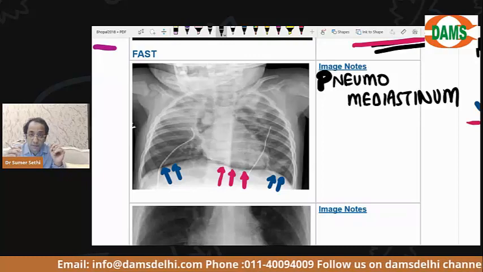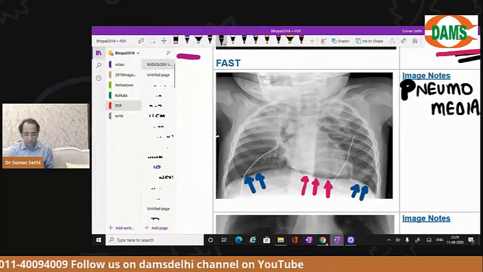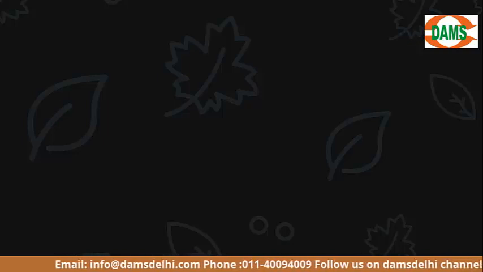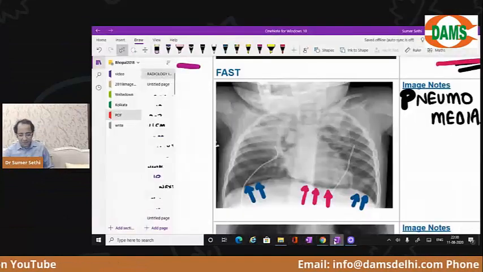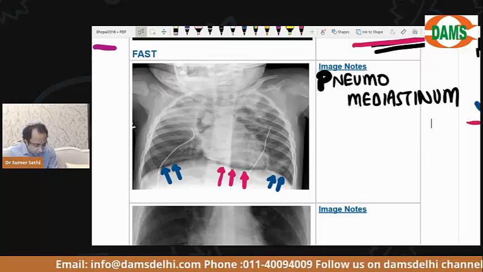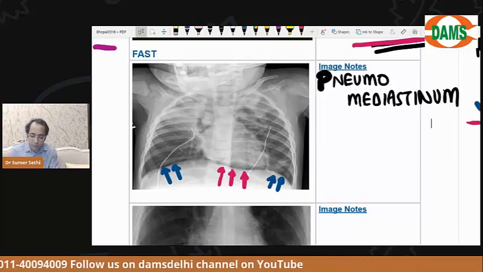If there is any esophageal rupture, okay, suppose you have in the mediastinum hollow viscera like esophagus, trachea. If they perforate, you will develop air in the mediastinum.